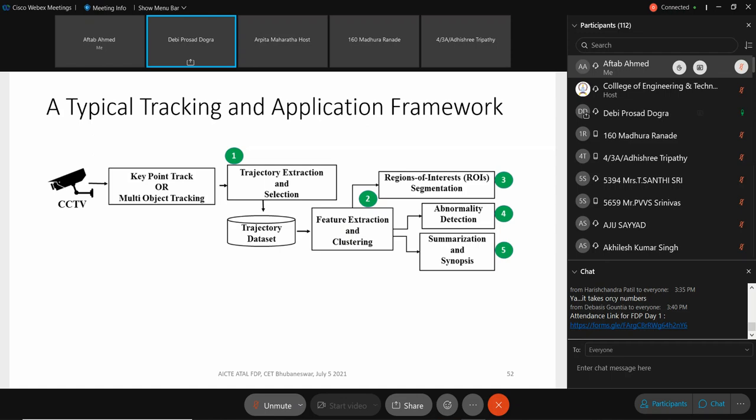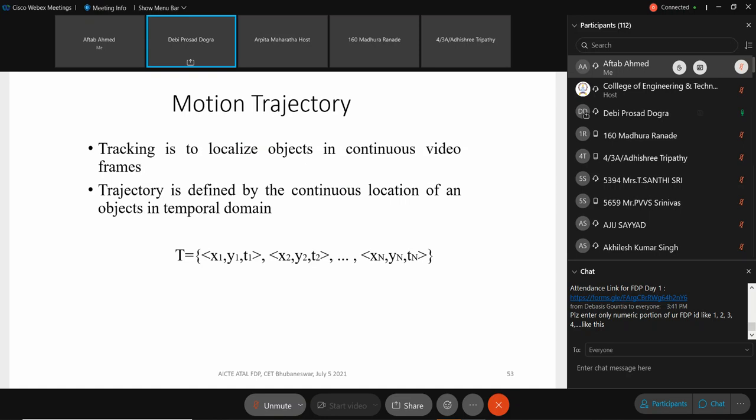I do not want to watch the whole 7 days of video to find out where something wrong happened. So that is the 5th point, summarization and synopsis. It is really important in many surveillance applications. I will show you some of our research work and what the computer vision research community is doing in summarization.